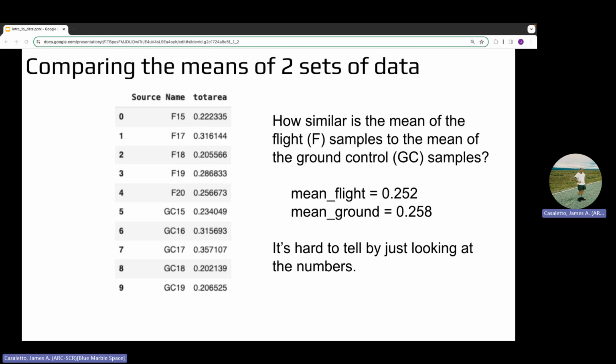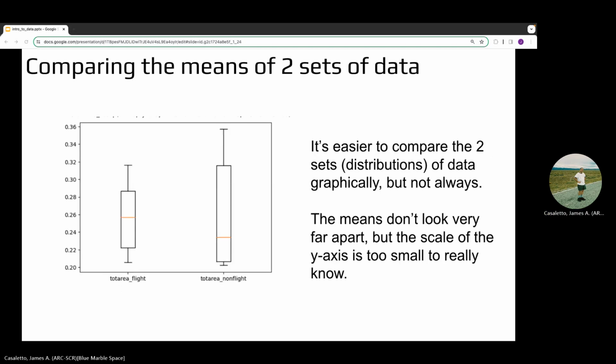In this slide example, the flight samples F15 through F20 have a mean value of total area of 0.252, whereas the ground samples GC15 through GC19 have a mean total area of 0.258. How significant is this difference? It's hard to tell by just looking at the numbers.